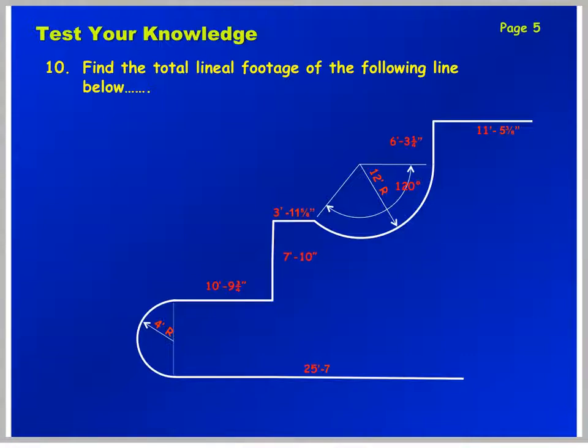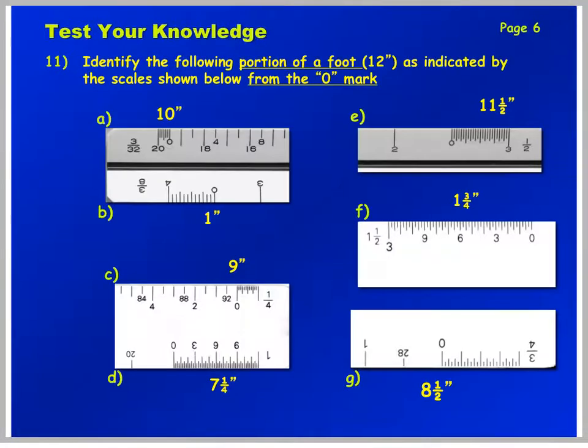Number 10. Find the length of this line by adding up all the dimensions along the line. Page 6, number 11. Identify the following portions of a foot in 12 inches as indicated on the scales shown below from the 0 mark.